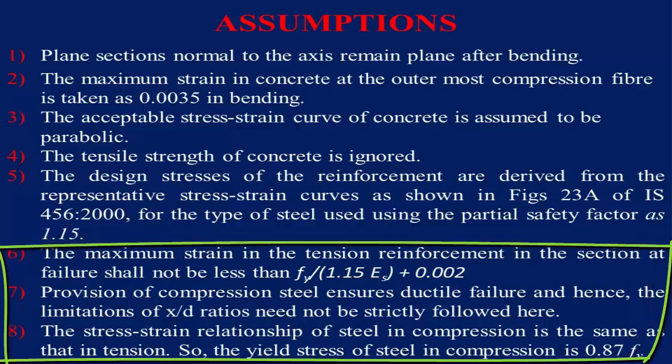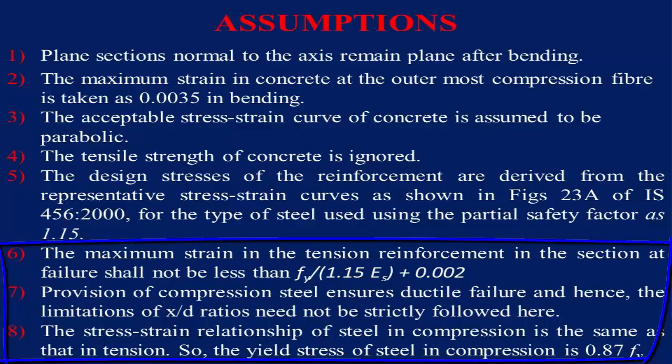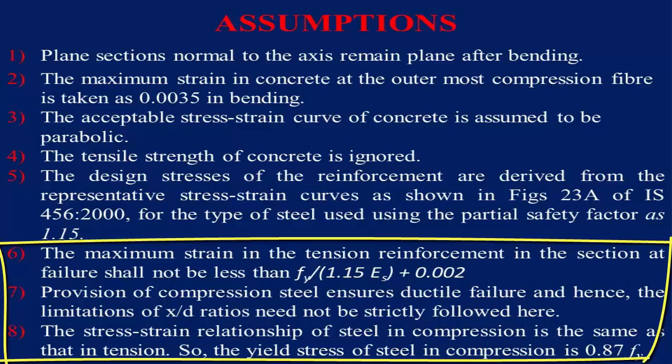The limitation of the X by D ratio need not be strictly followed here. When you solve one problem with the diagram, you can understand about that. Then the stress-strain relationship of steel in compression is the same as in tension.